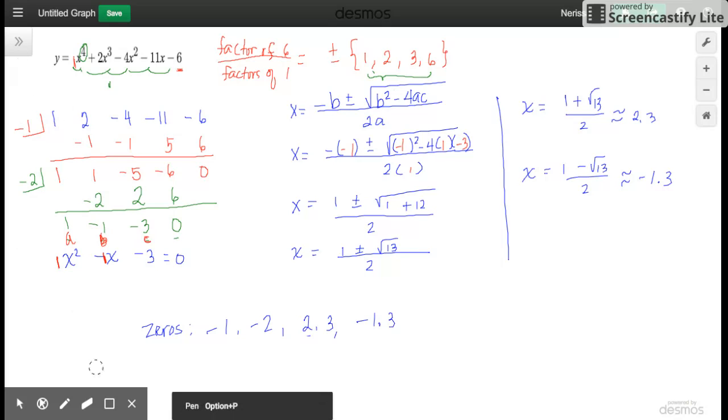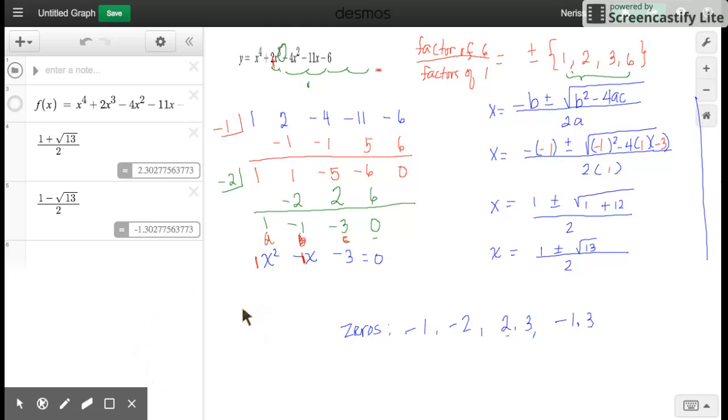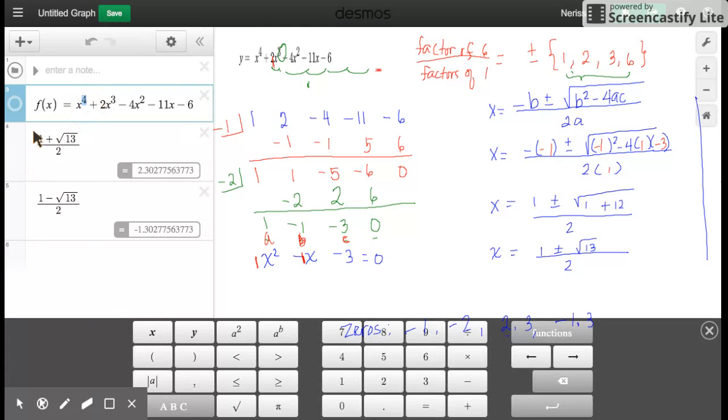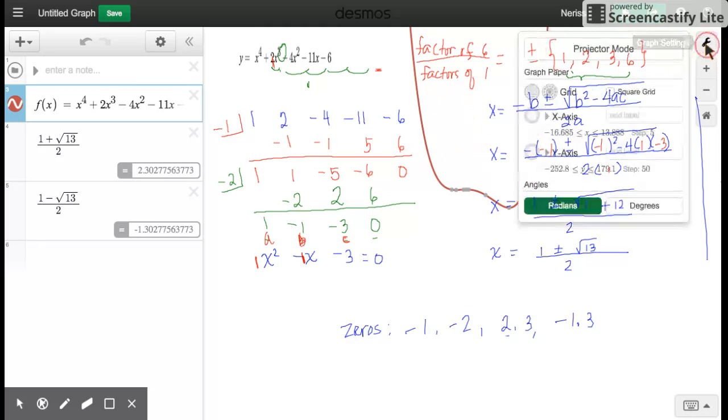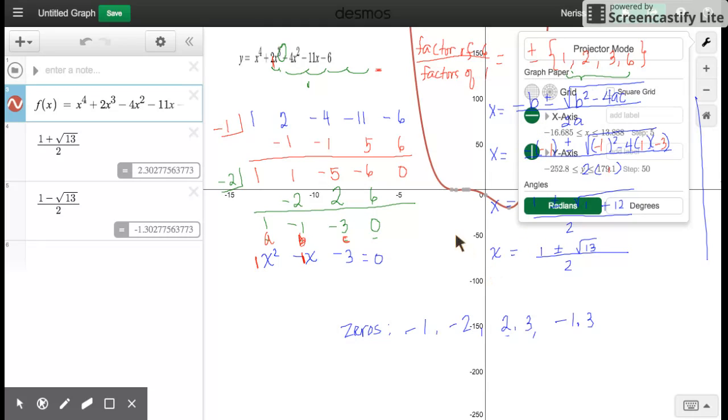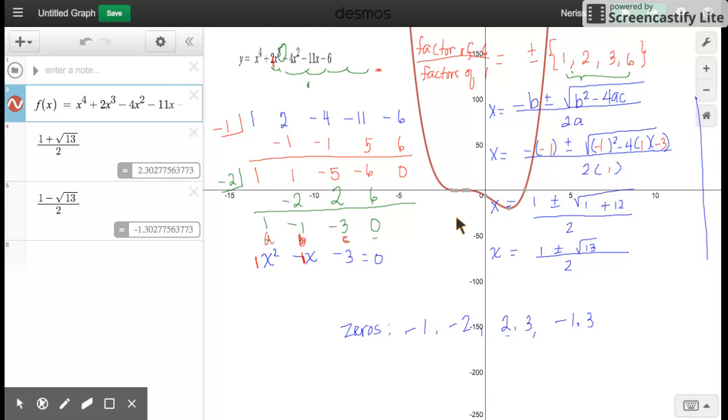So now let's check if the graph will verify these zeros. So I have here the equation. All we need to do is take a look at the graph. Okay, so here's the graph, but we don't see the axis. So let's put the axis back. Here's the axis. Now we can't see the zeros.